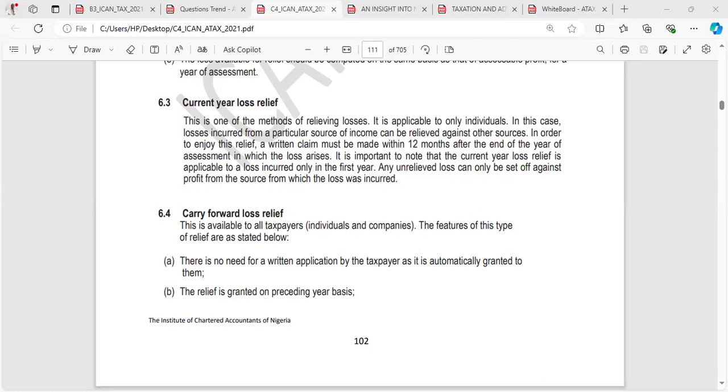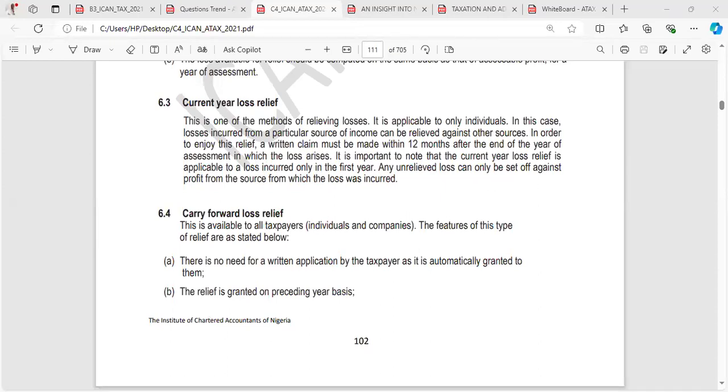So it means that if Dangote is not a company and it has Dangote sugar, Dangote salt, Dangote cement, and there is a loss on Dangote cement, profit from Dangote sugar and Dangote salt can be used to cover the loss from Dangote cement.